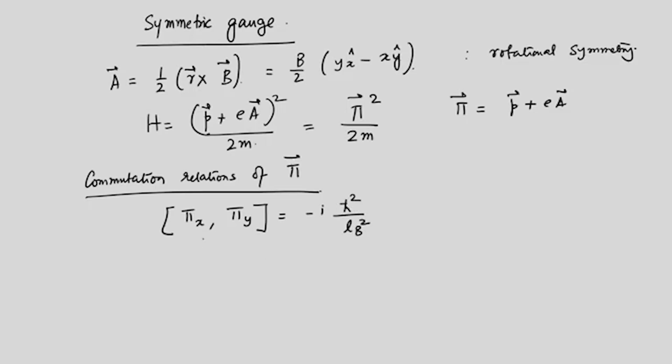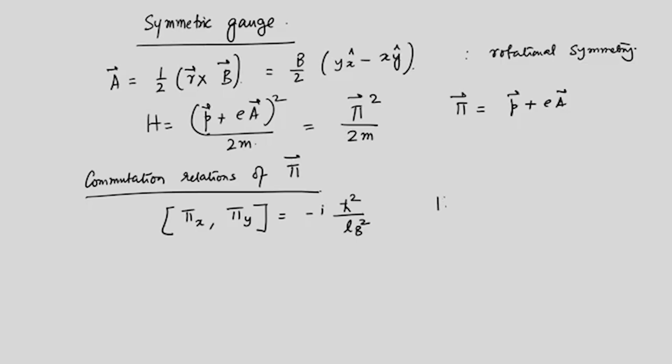This is of course different from Px and Py. In the absence of a magnetic field, Px and Py would commute, but in the presence of a magnetic field they would not commute, and particularly in this situation they would definitely not commute. Okay. So, we can write down the Hamiltonian here.